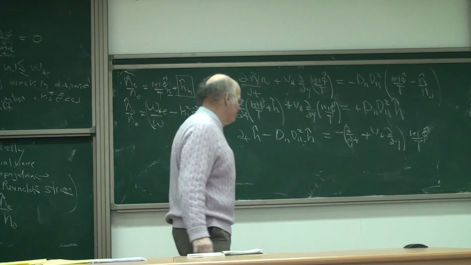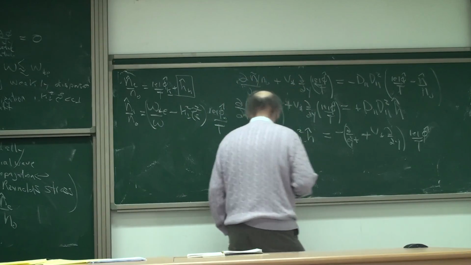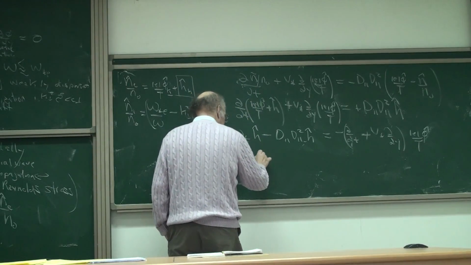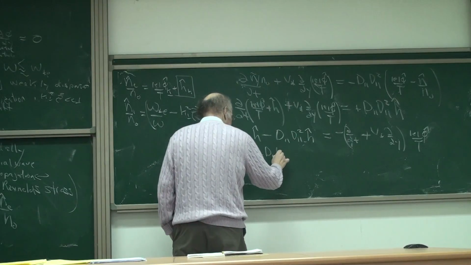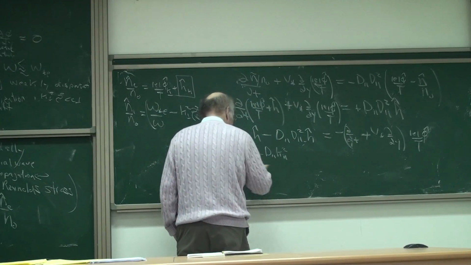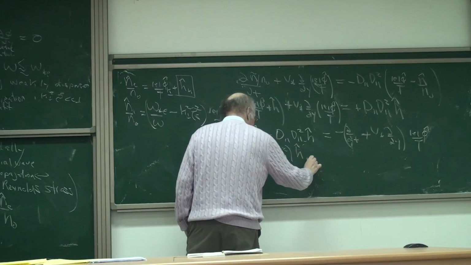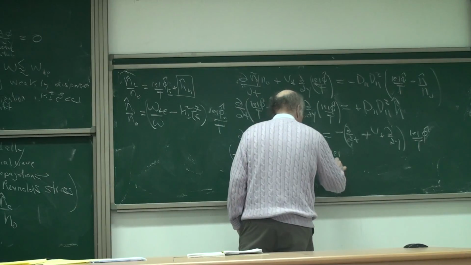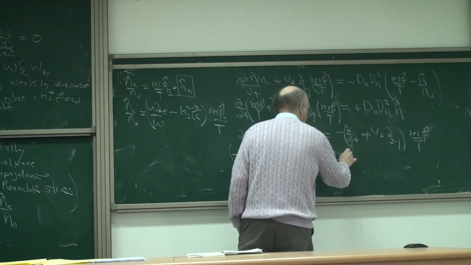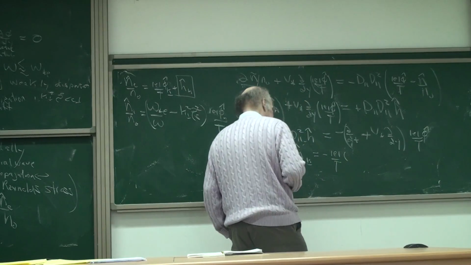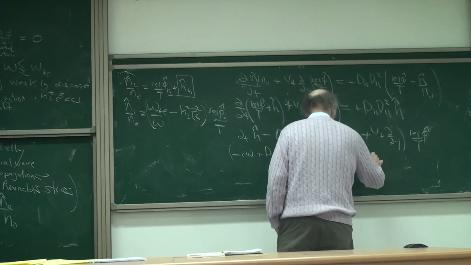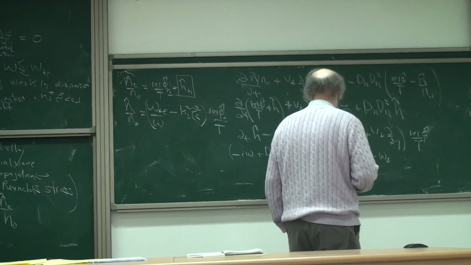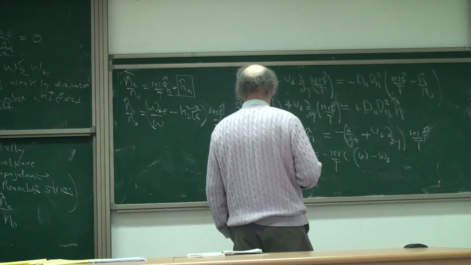Right? So you'll notice that we can write this in Fourier space as minus i omega plus d parallel k parallel squared acting on h of k is equal to minus e over t, and then there is an i there, of omega minus omega star. And do I have my signs right?